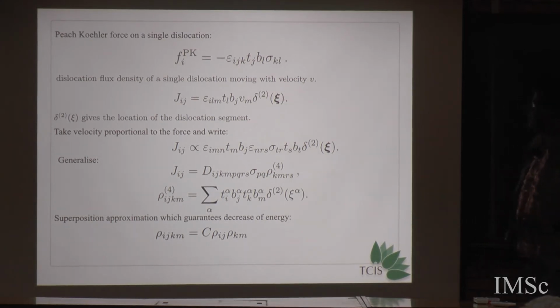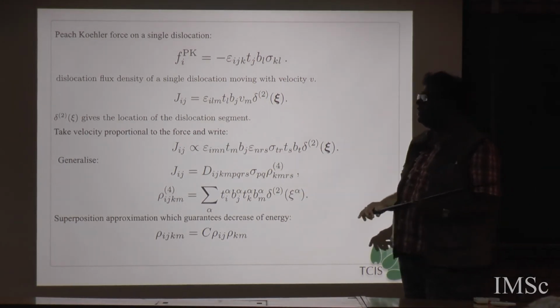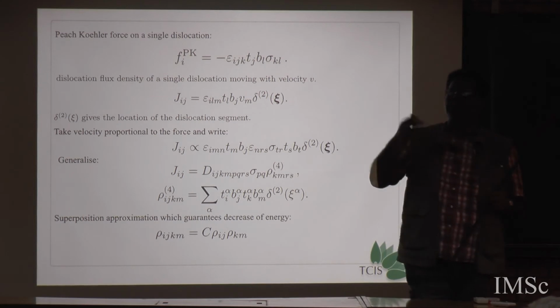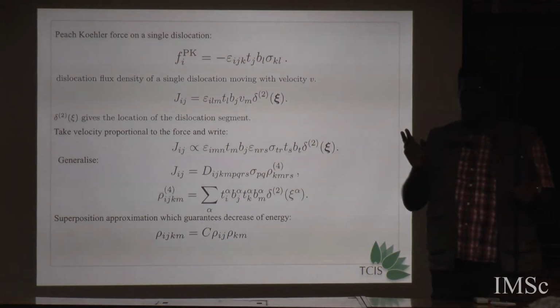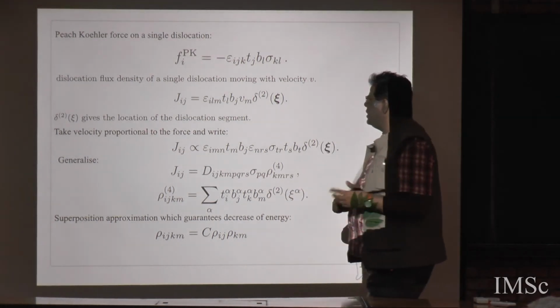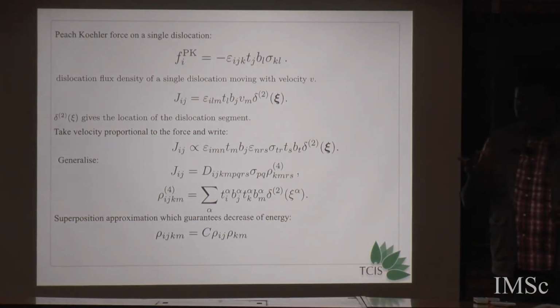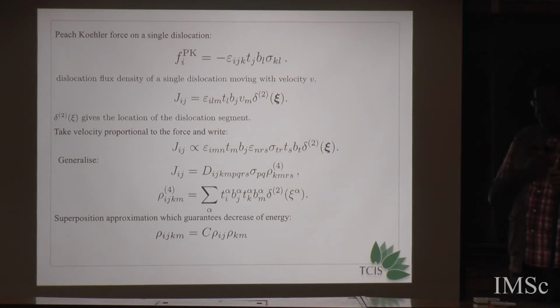This is the most general expression if you have a single dislocation. Now suppose I use a very simple ansatz that the velocity is simply proportional to the force. So it's some dissipative law. Velocity is equal to some mobility times some force.